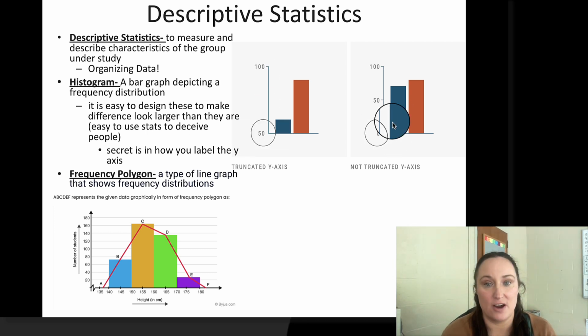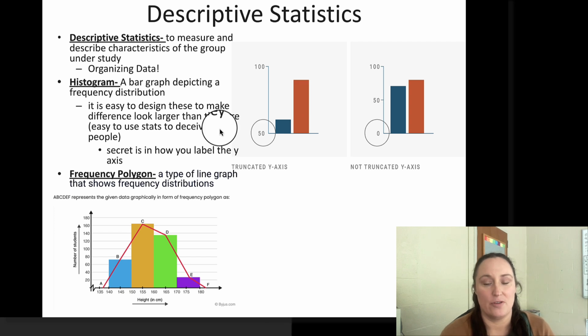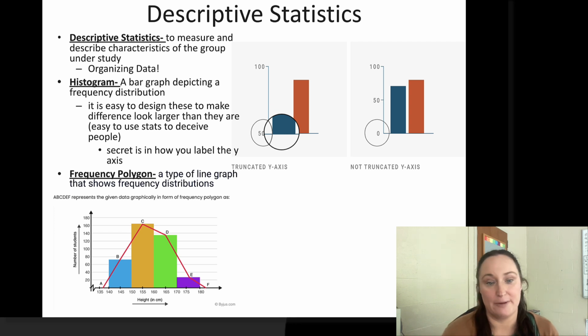This one is not truncated. See the difference there? Competitor A versus our company, not much of a difference. It doesn't look flashy. It doesn't look like people are going to click and buy. The truncated one makes people buy. So there are ways to present and organize data to make it appear a certain way.